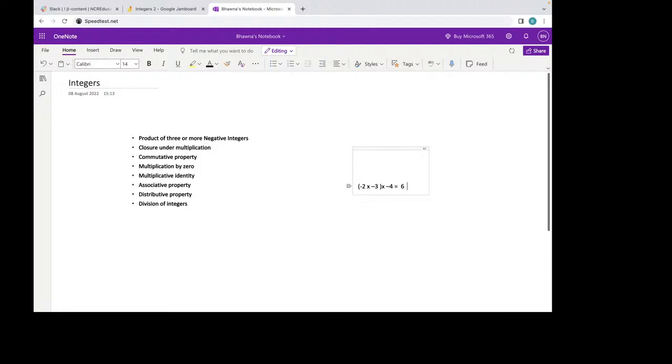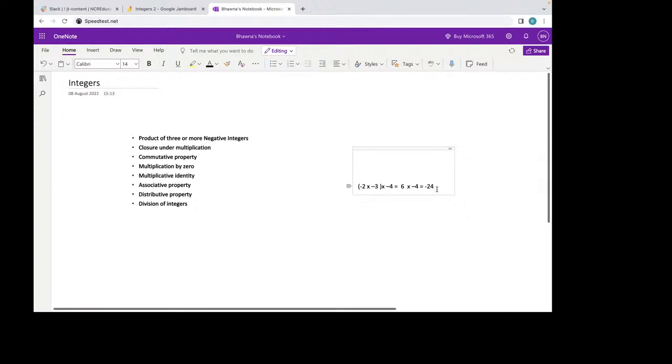After this we have -4. Now the situation is a positive and a negative number. We know that when we multiply a positive and a negative number we get a negative number. So 6 multiplied by 4 is 24, and that will be a negative integer.